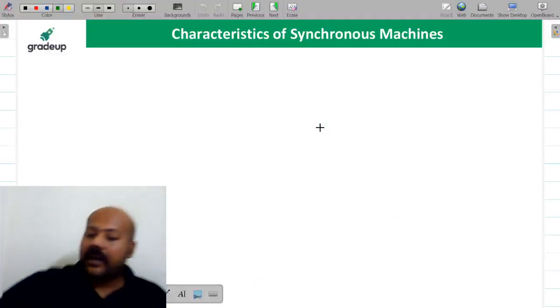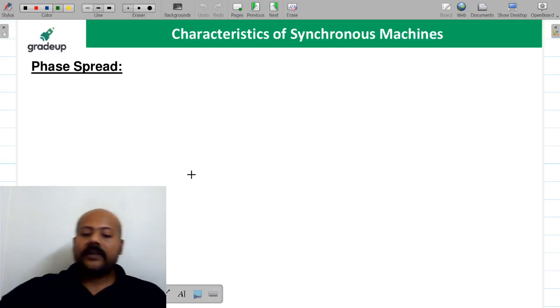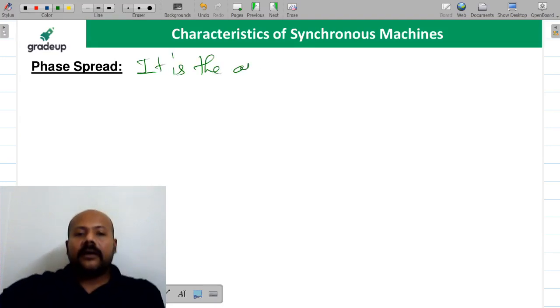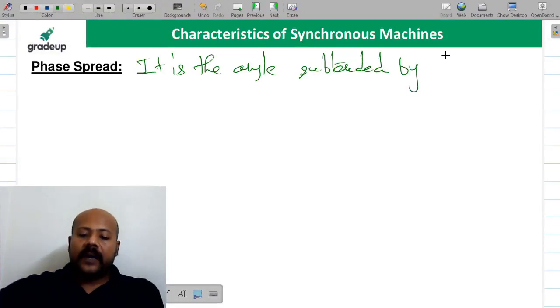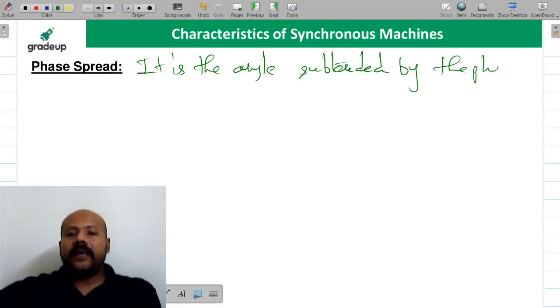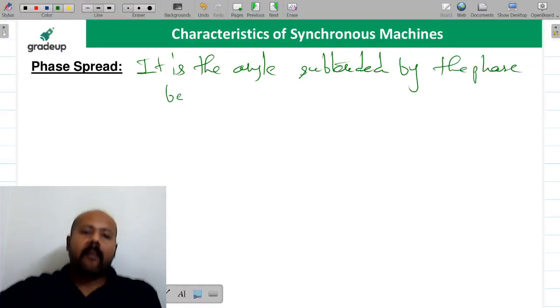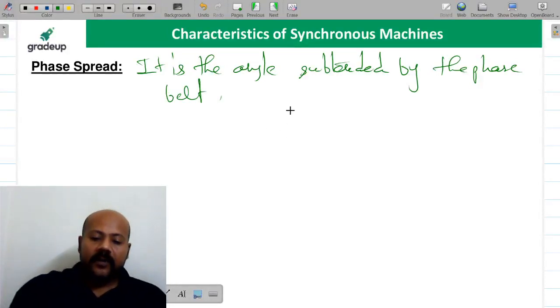Now you see here how we are defining this phase spread or phase group or phase band. It is the angle subtended by the phase belt. Yes or no? I hope it is clear to all of you.